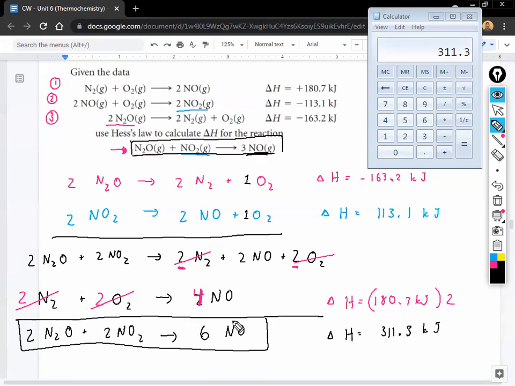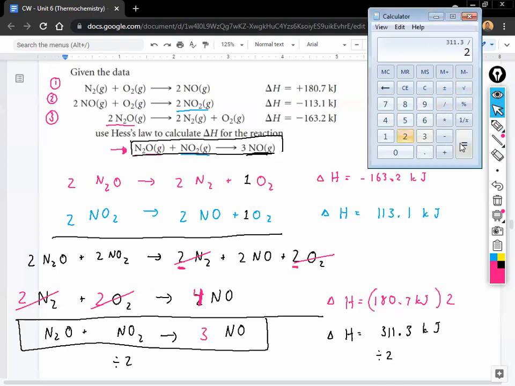So what do we have to do in order to make it the same? Yeah, so we're going to divide everything by 2. If we divide the reaction by 2, that means we're also going to have to divide the enthalpy by 2. So we can get rid of the 2 here, the 2 here, the 6 becomes a 3 because it becomes halved. And that means the enthalpy, we need to divide that value by 2 as well.